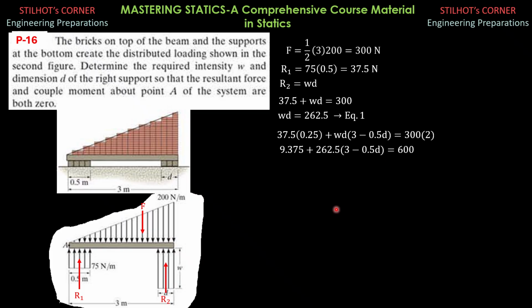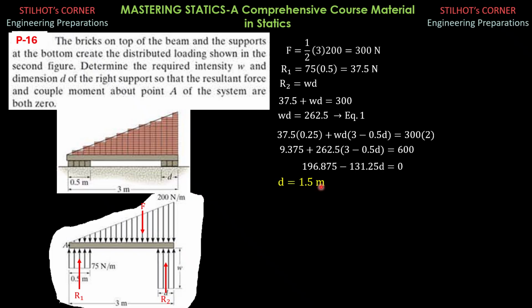So combining like terms, we have 196.875, that's the constant, then 262.5 times negative 0.5 D, negative 131.25 D, then because we combined the constants the right side would now be 0. We can now solve for D. 196.875 divided by 131.25. So D is equal to 1.5 meters.